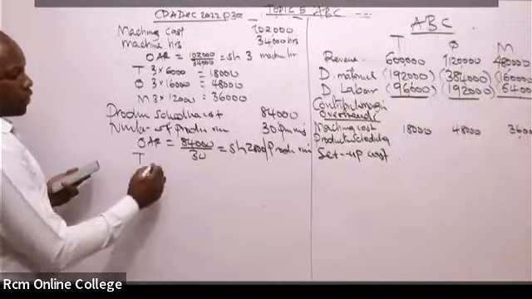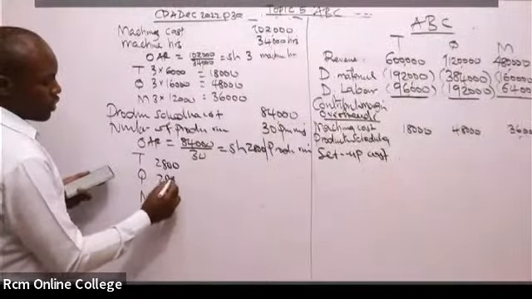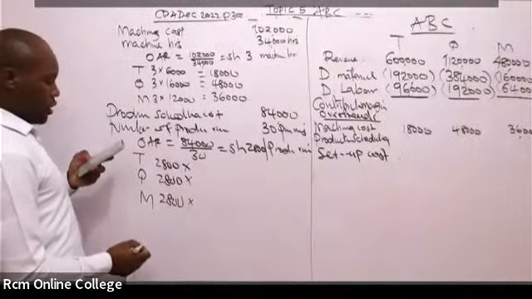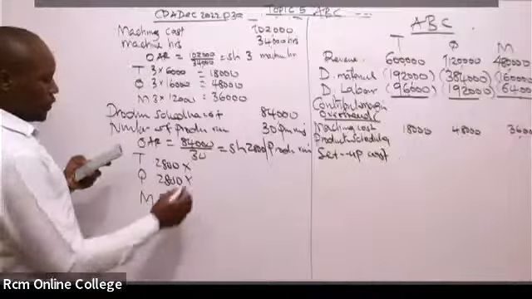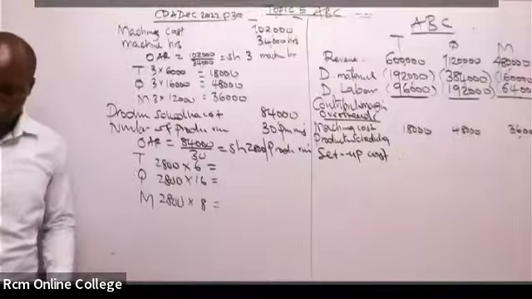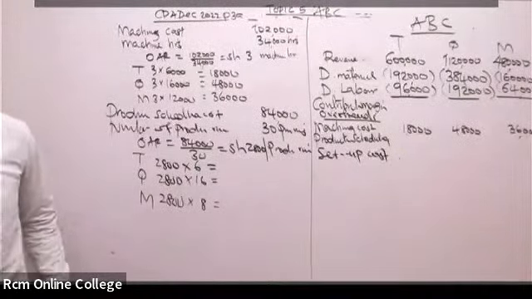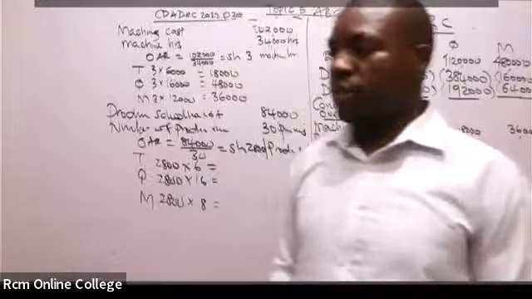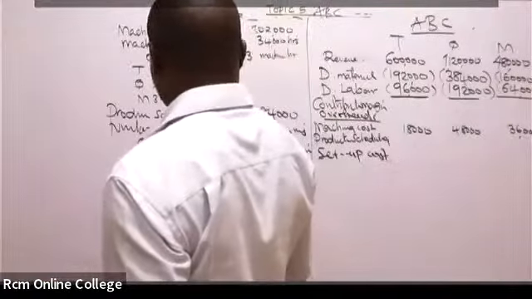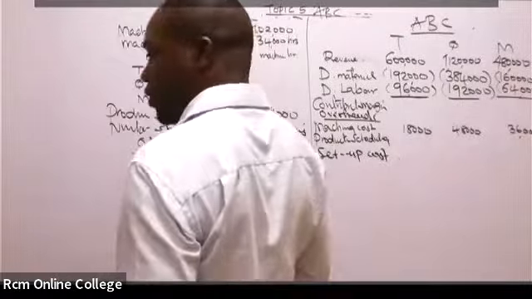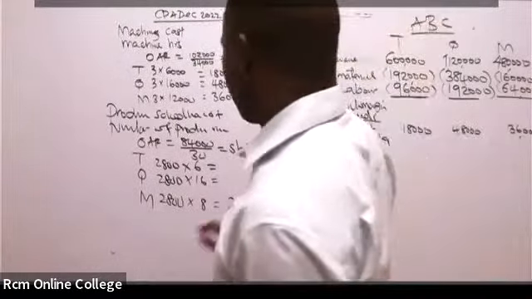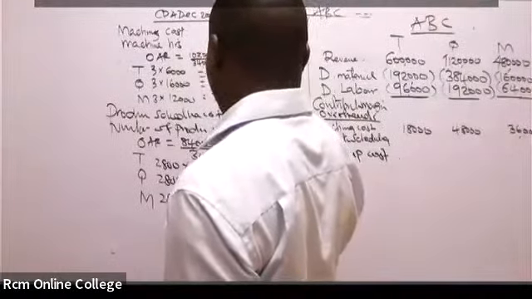So can we get T, Q, M? We have 2,800 for each, but we multiply by 6, 16, and 8. What are you getting? For T it is 16,800, for Q it is 44,800, and for M it is 22,400.